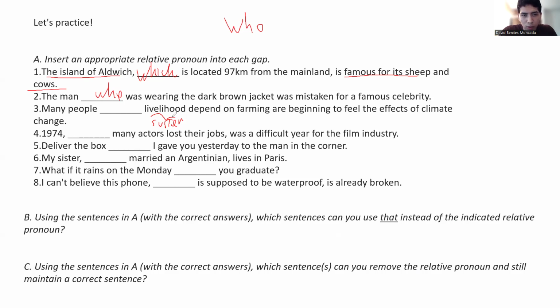Entiendo que es which, porque habla de bastantes personas. No, es que tú lo has dicho, son personas, por lo tanto, ¿qué va a ser? Siempre, cuando son personas, who. Ahora te dice: muchas personas, cuyo sustento depende de la agricultura, están comenzando a sentir los efectos del cambio climático. Va a decir muchas personas, ¿quién o qué sustento?